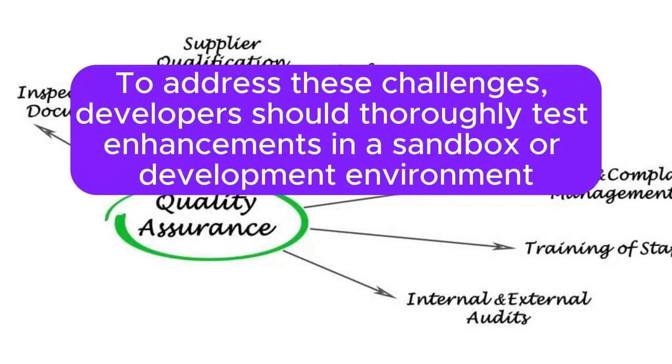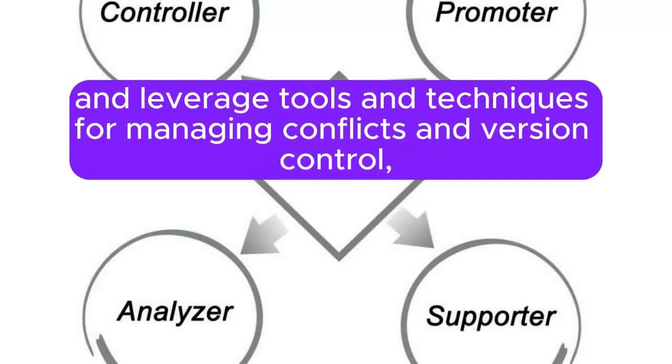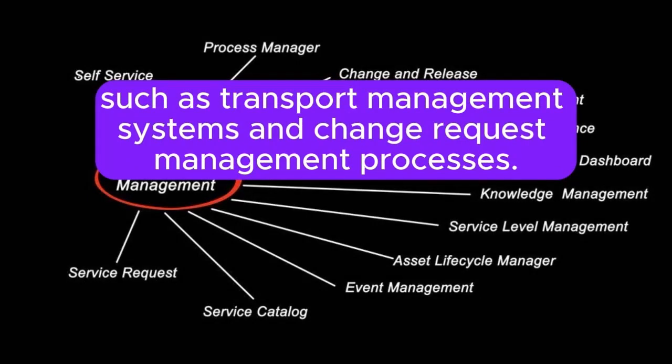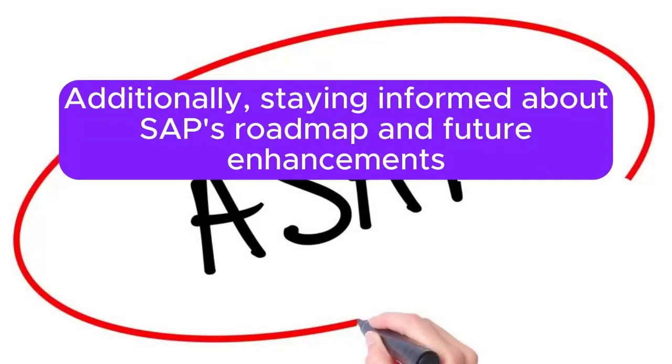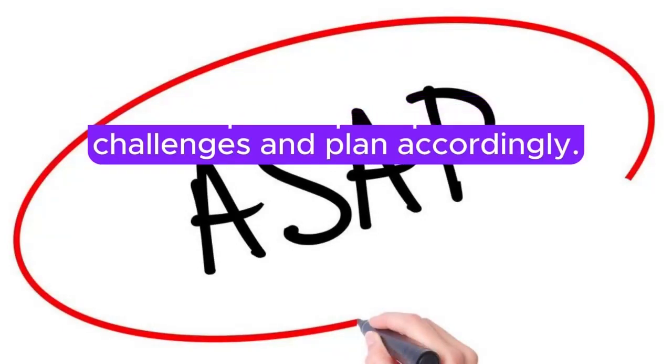To address these challenges, developers should thoroughly test enhancements in a sandbox or development environment before deploying them to production, communicate effectively with stakeholders to understand requirements and dependencies, and leverage tools and techniques for managing conflicts and version control, such as transport management systems and change request management processes. Additionally, staying informed about SAP's roadmap and future enhancements can help anticipate potential challenges and plan accordingly.